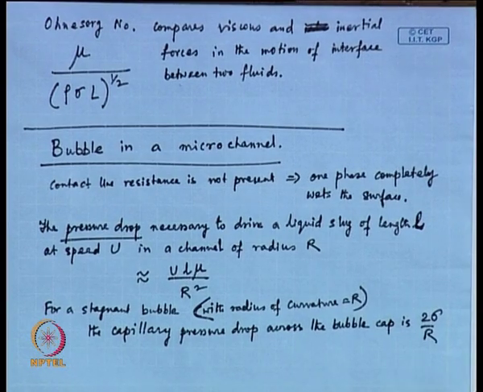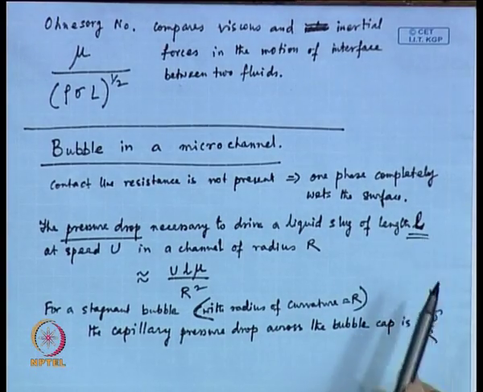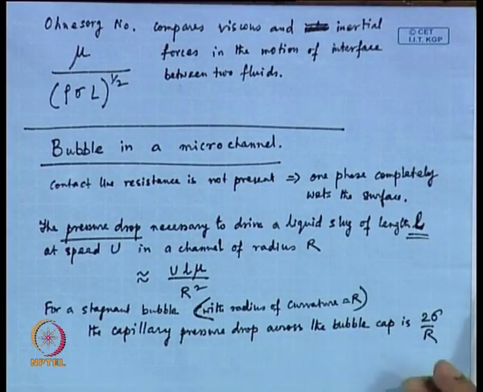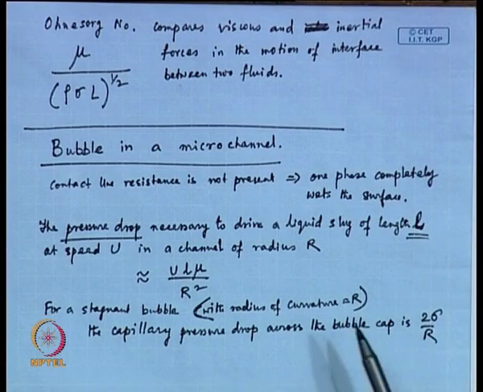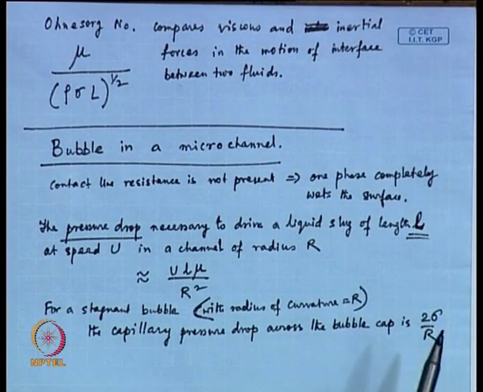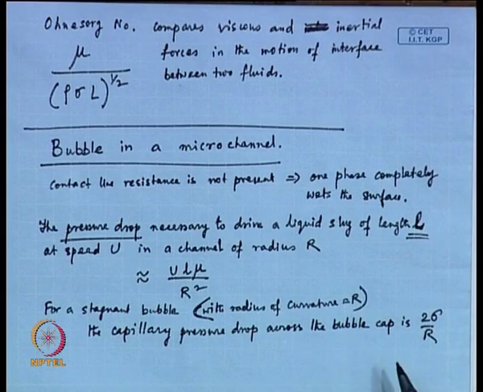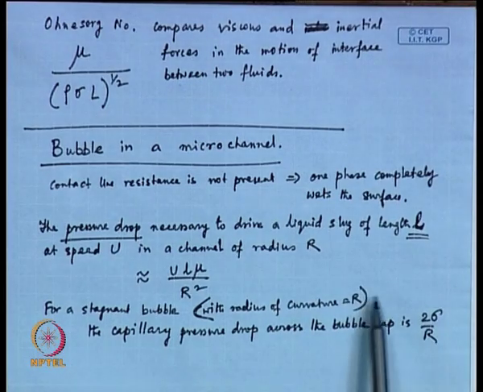Now, if we try to find out what should be this L, or in other words, what I am trying to find out is, if some length of slug provides a pressure drop which is equal to this pressure drop.